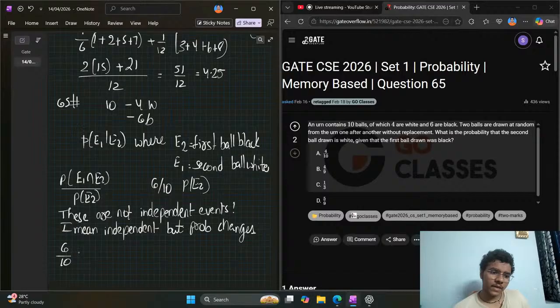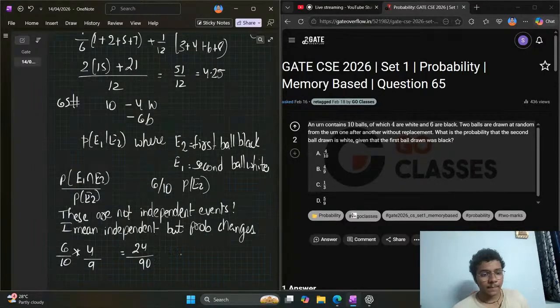Right, so 6 by 10, and you will have only 9 balls over there, out of which 4 are white, 4 by 9, because without replacement. That is 24 by 90. That is the probability.